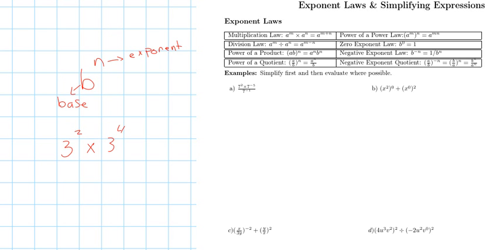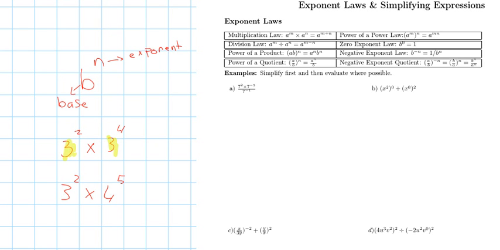As you can see, my bases are the same, so then I can use the exponent law to simplify. If my bases are different, let's say if I had this, then because my bases are not the same, I cannot use the exponent laws to simplify my equation. Make sense?